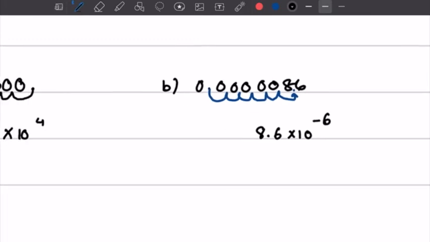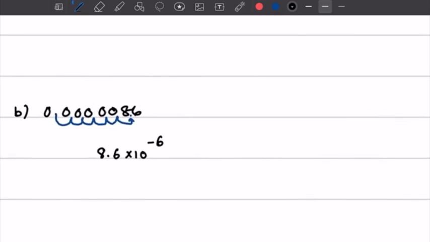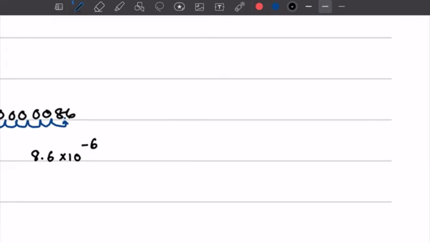So the trick to recognize whether it's a negative or a positive power is this. Okay, let me actually write this so you guys understand. When the decimal point goes towards the left, the answer is 10 to the power of a positive number.